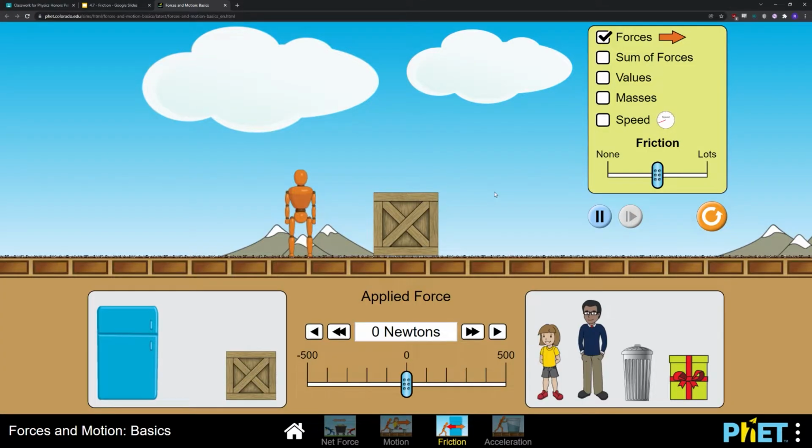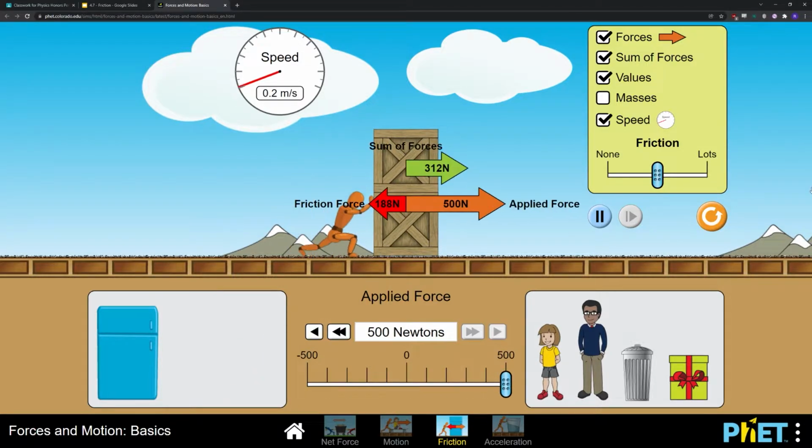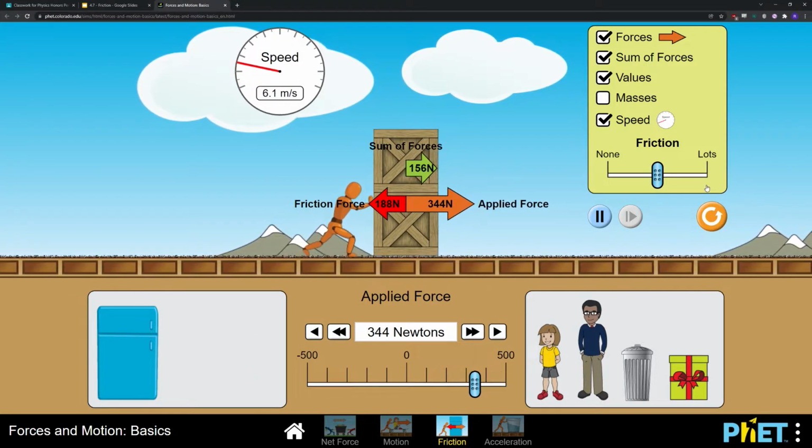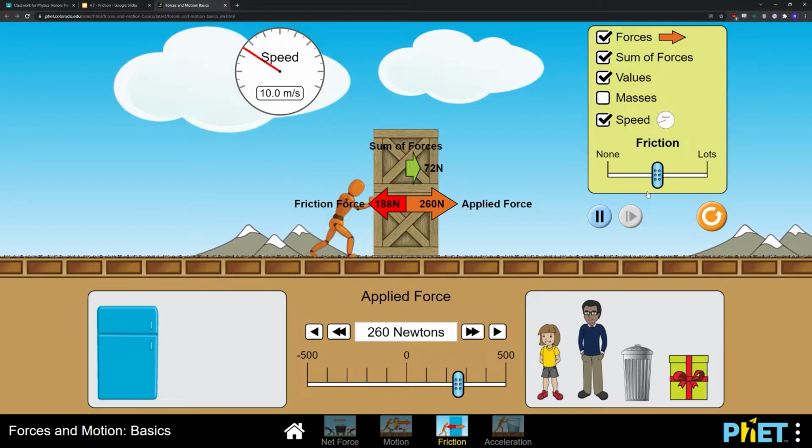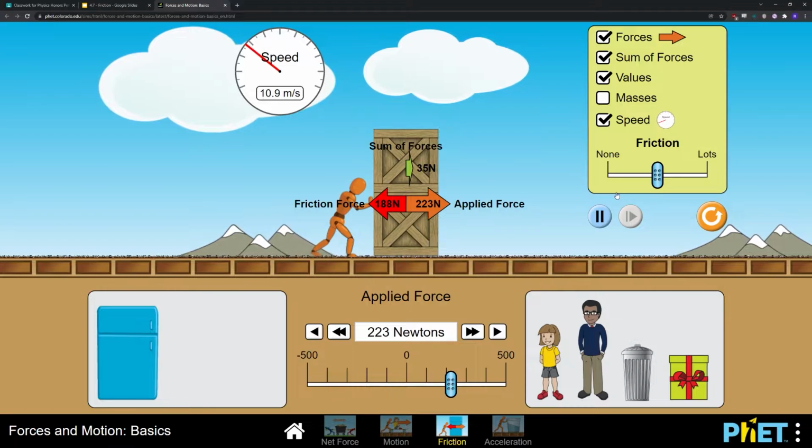Go to friction, go to values, and then speed. When we move this, you see your object is moving and you have a greater force than your force due to friction.